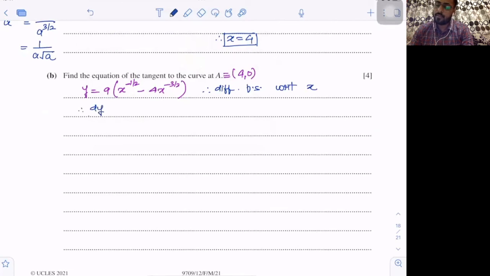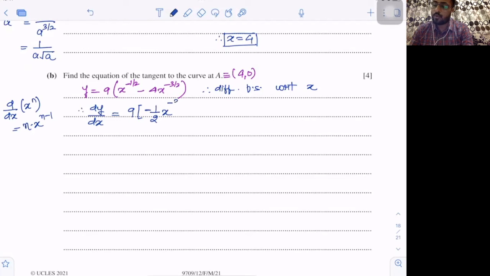So I get dy upon dx is equal to, 9 is a constant, right? So keep 9 outside the bracket. What is the derivative of x raised to n, students? Isn't it n times x raised to n minus 1? So x raised to minus half will have minus 1 upon 2, x raised to minus 1 upon 2 minus 1.